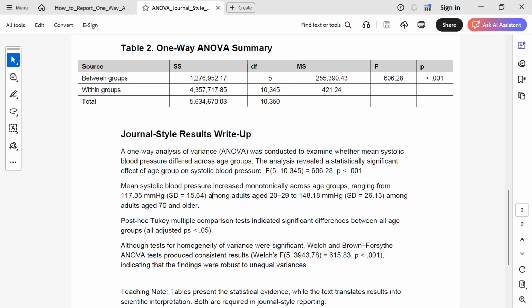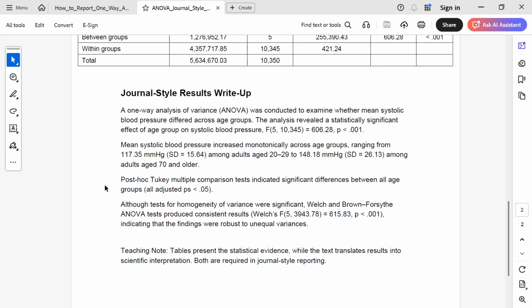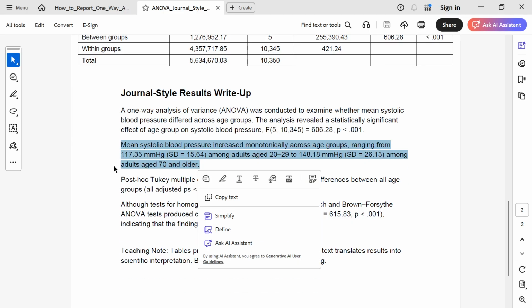So it consistently increased across age groups, from the younger group to the older group, right? So we report it that way. Just one sentence represents the whole table.